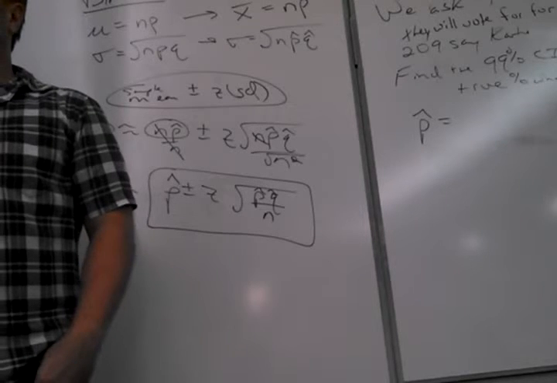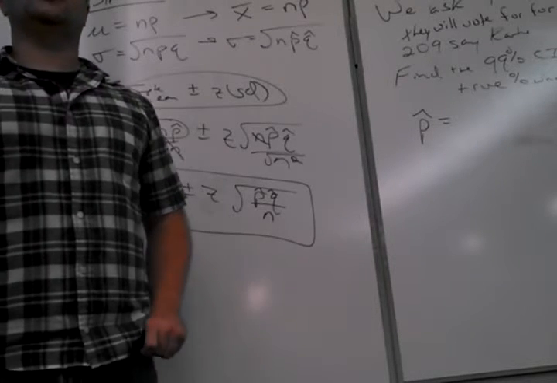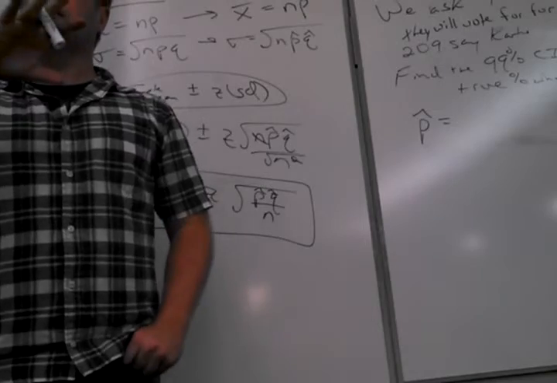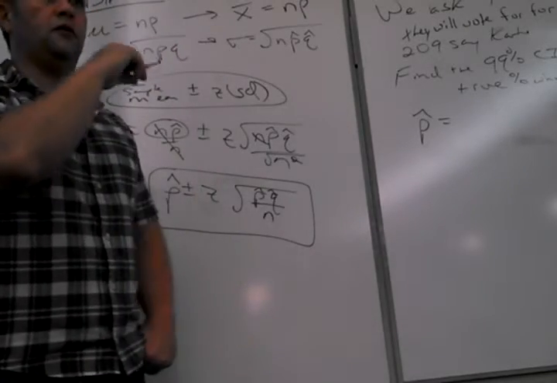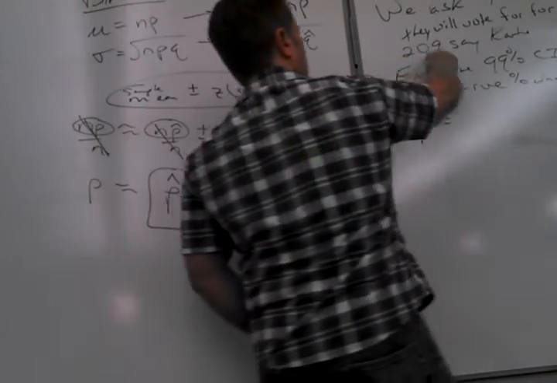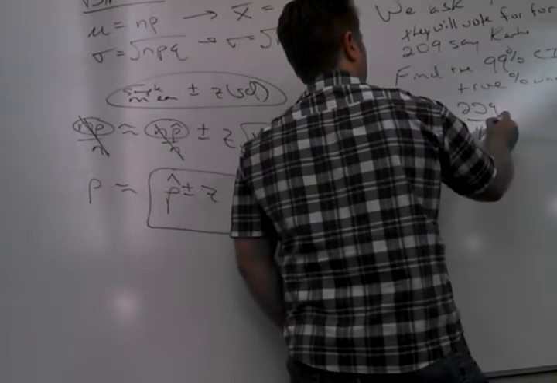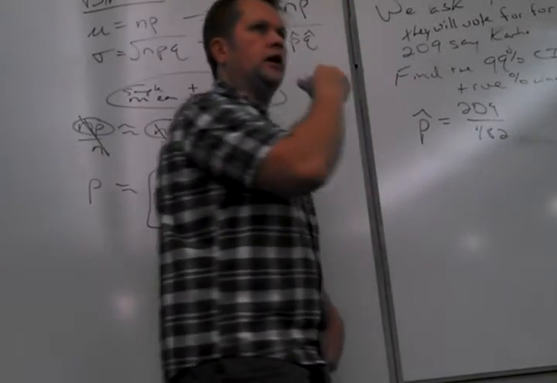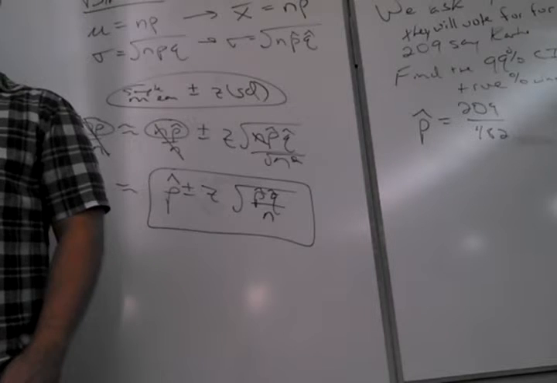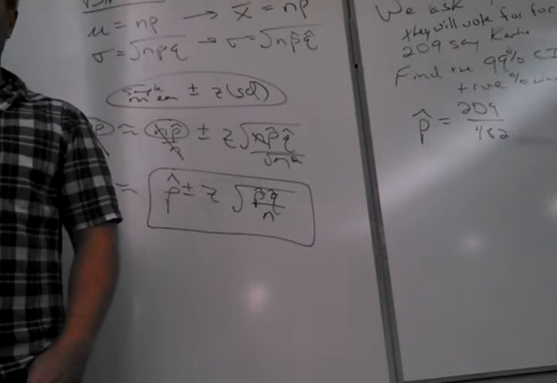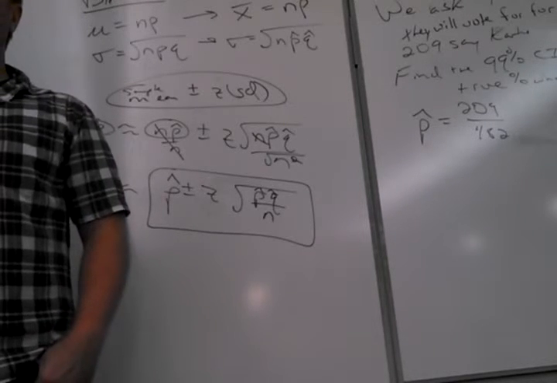So how do I make P hat? How do you get a percentage from a group you've talked to? How many out of how many said they're going to vote for him? 209 out of 482. Please, dear God, if you get a number bigger than 1 here, something went very wrong. Q's going to be negative then. It can't be bigger than 1.